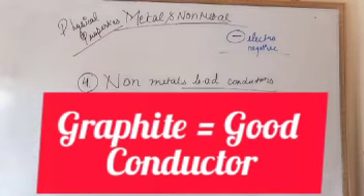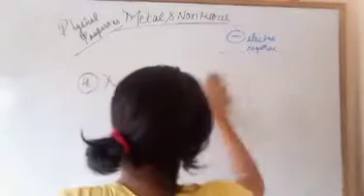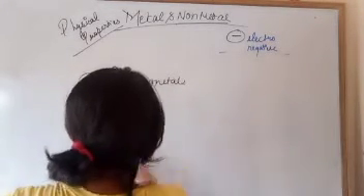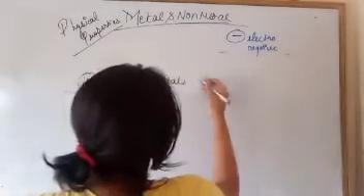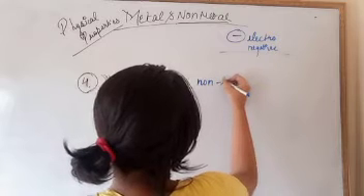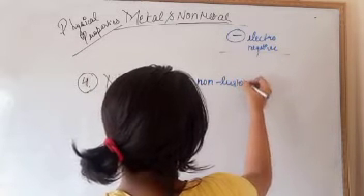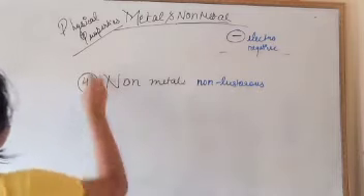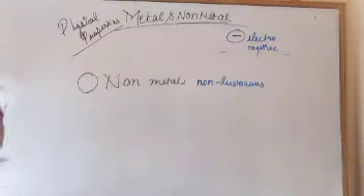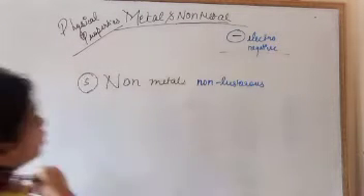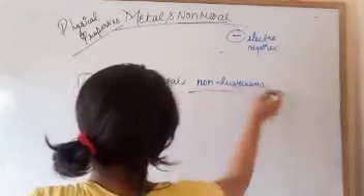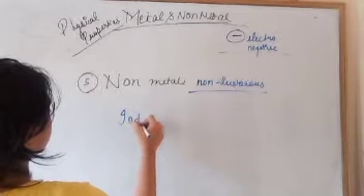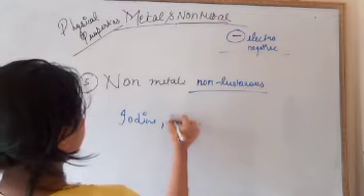The next is lustrous nature. Non-metals are not lustrous in nature; they are non-lustrous, except iodine and diamond.